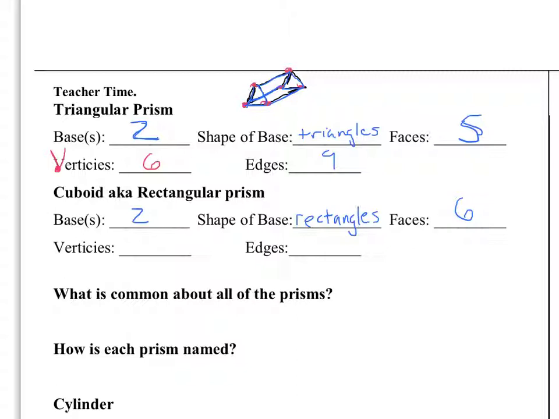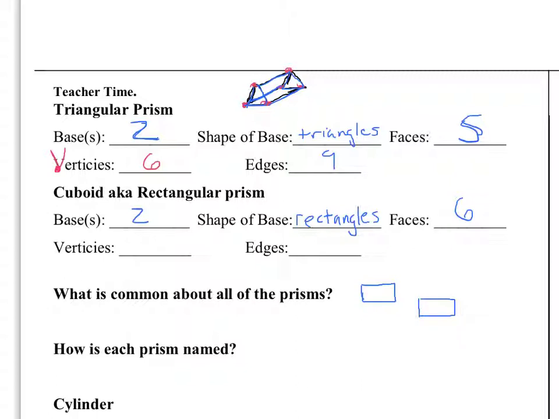All right. Now we're going to talk about how to quickly draw this shape. We're going to draw this shape just like we drew the triangular prism. I'm going to draw my 2 bases, which can be rectangles of any shape that I want. And I'm just going to set them off from each other just a little bit. And I'm going to try and draw 2 rectangles that look exactly the same.